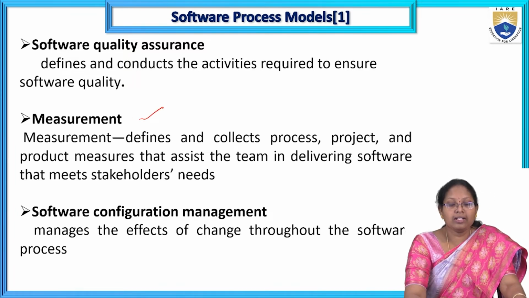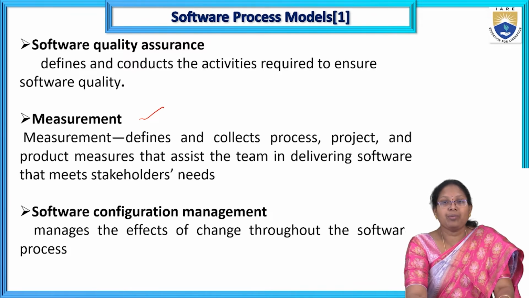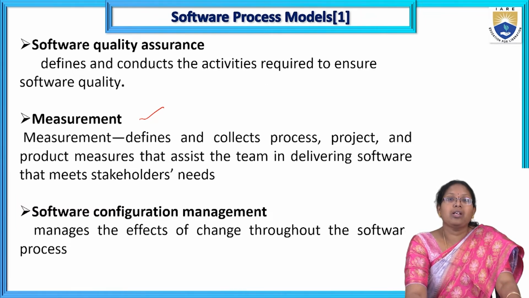Measurement defines and collects process, project, and product measures that assist the team in delivering software that meets stakeholders' needs. That is, based on the stakeholders' requirements, whether the product is satisfied or not. Such measuring techniques are also used in the software process.